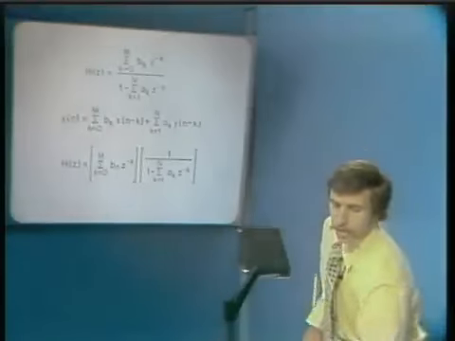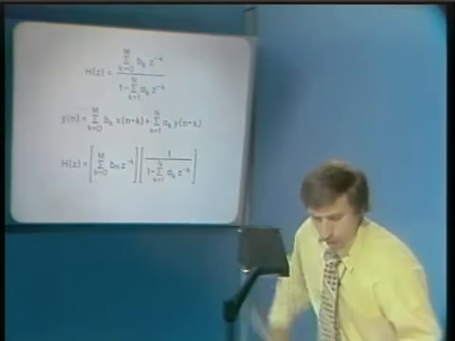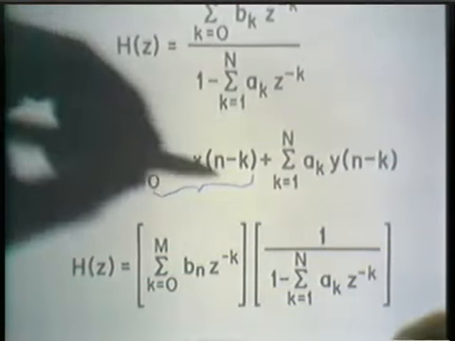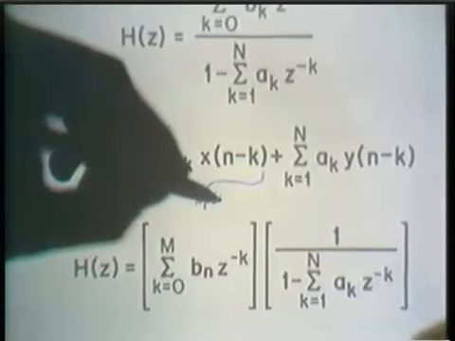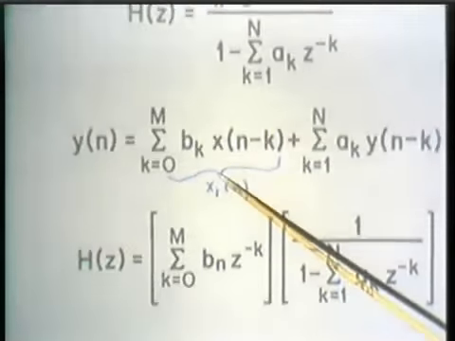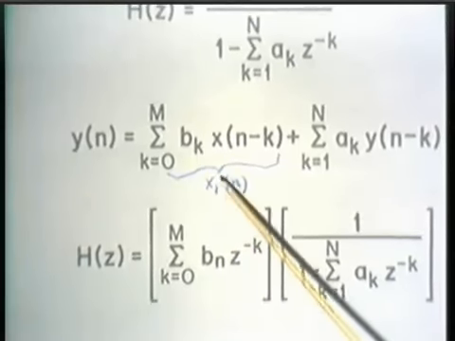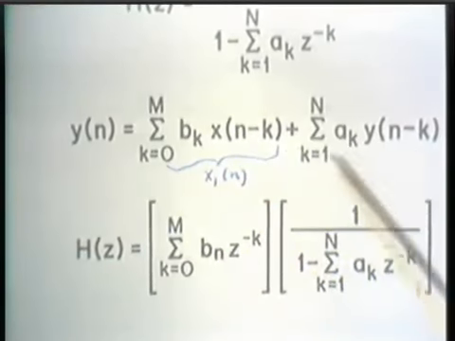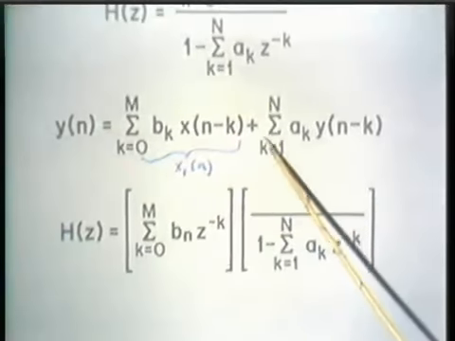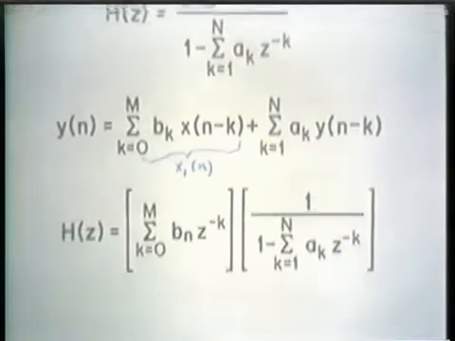So implementing this system function with this function first, in cascade with this one, corresponds to implementing this difference equation, where we can imagine denoting this first sum as x1 of n, implementing the function x1 of n, and then using that as the input to a system which is represented by the difference equation y of n equals x1 of n plus this sum.